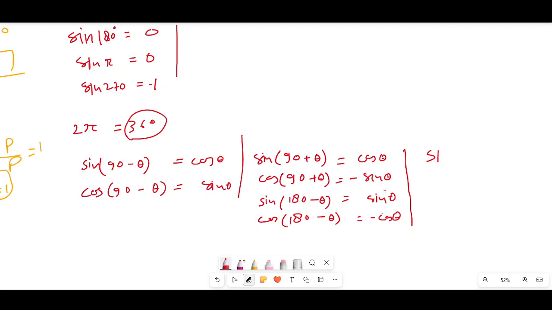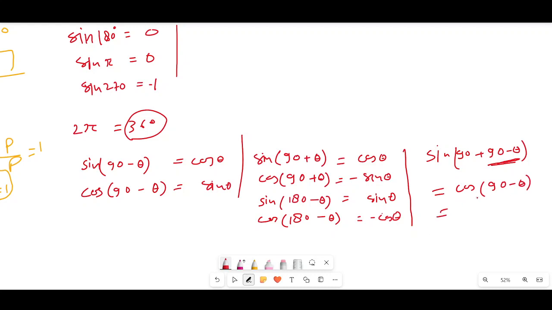But here we will tell you a very important vital point: sine 180 minus theta we can write as sine of 90 plus 90 minus theta. Clear? Now consider 90 minus theta as theta, sine 90 plus theta is cos theta, so we can write cos 90 minus theta.